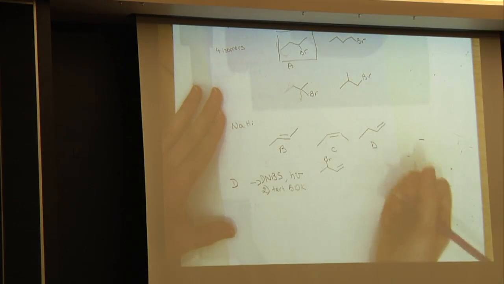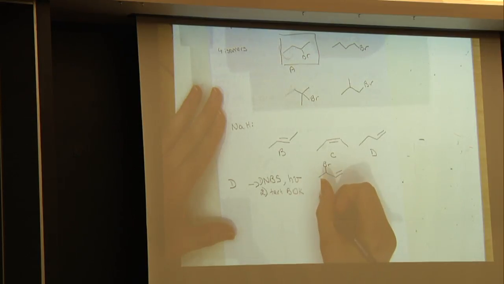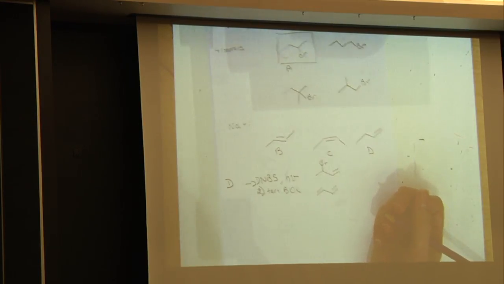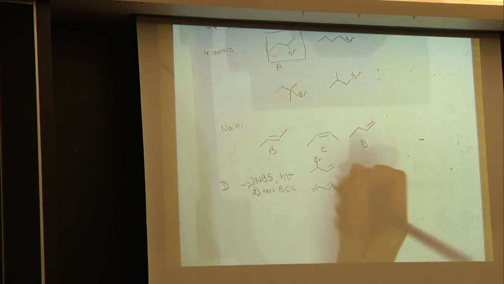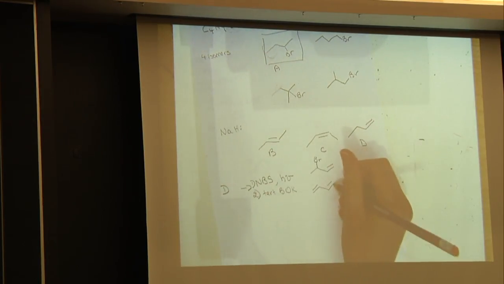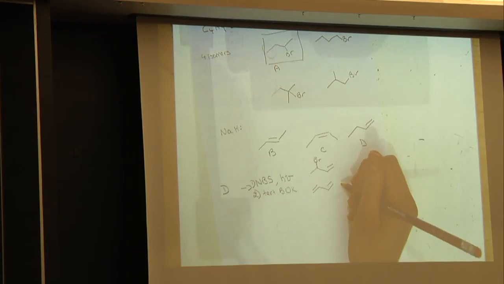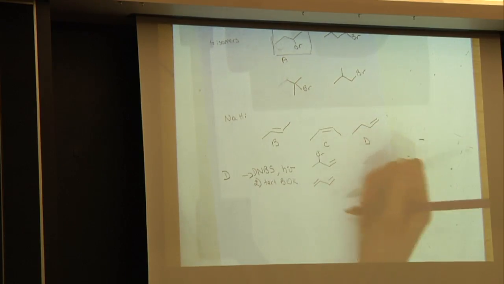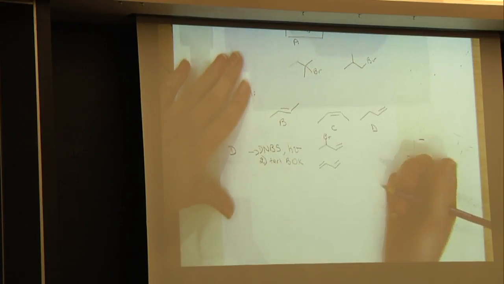I get an allylic Br, and then an elimination, right? So this compound here is 1,3-butadiene, right? 1,3-butadiene. And it can be used to synthesize rubber.